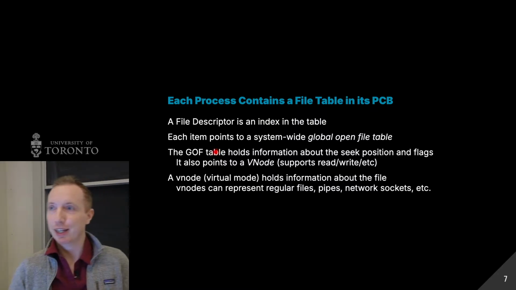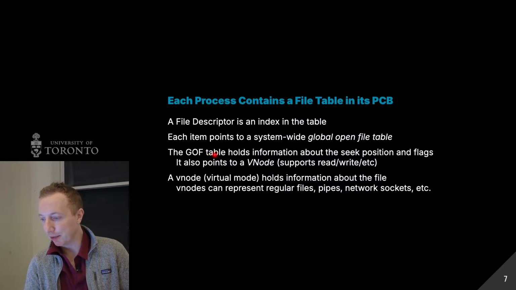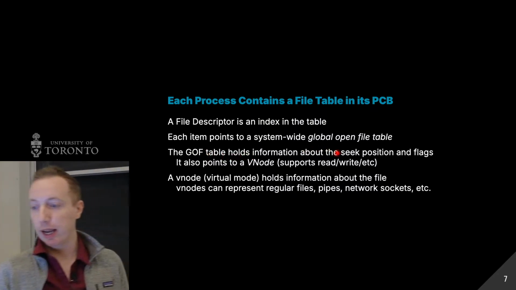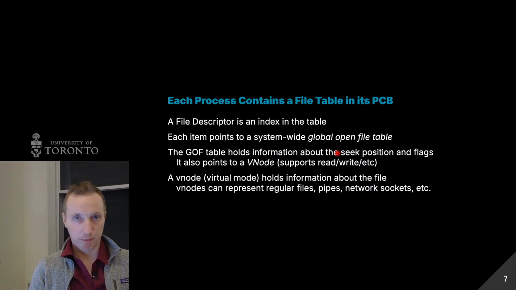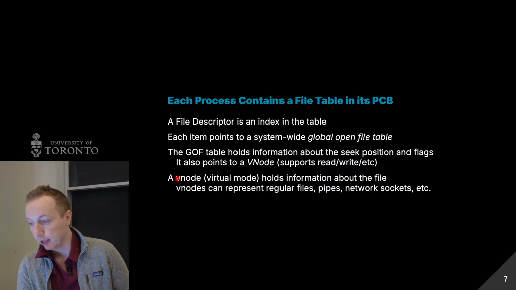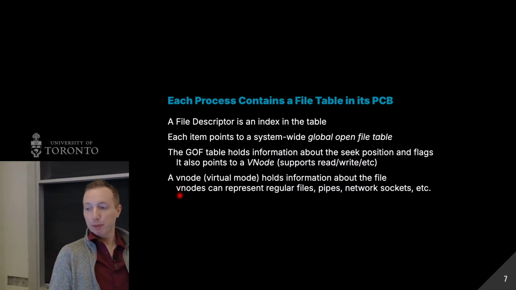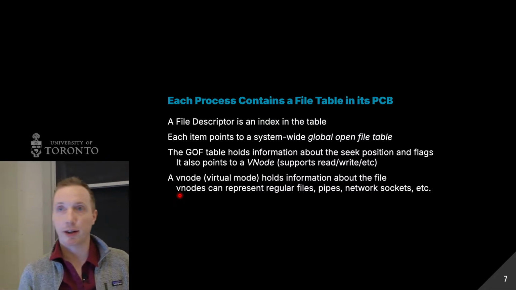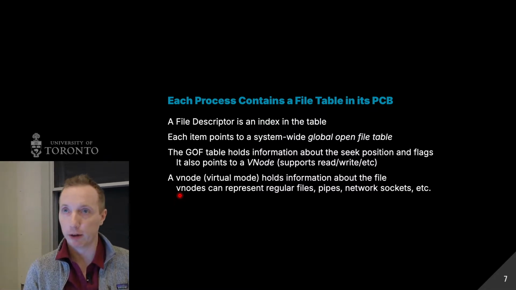Don't ask me why. It sounds pretty terrible, but that GOF table holds information about the position, the flags, and also points to a vnode. A vnode will be anything that supports reading and writing bytes. So that vnode holds some information about the files. Again, it can represent regular files, pipes, network sockets, a terminal, whatever.